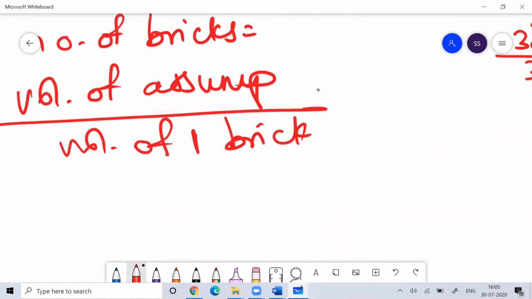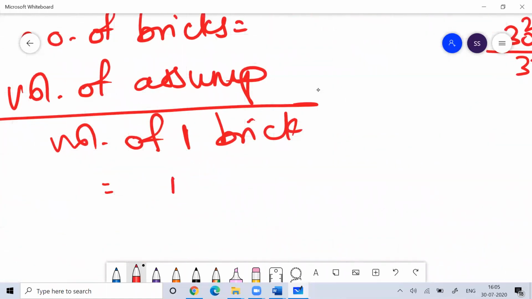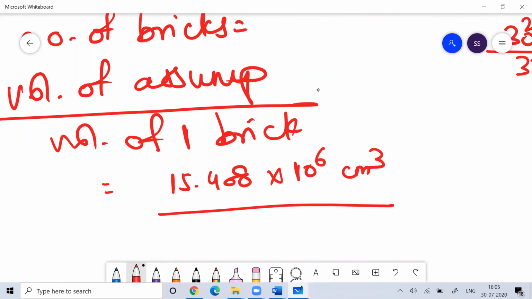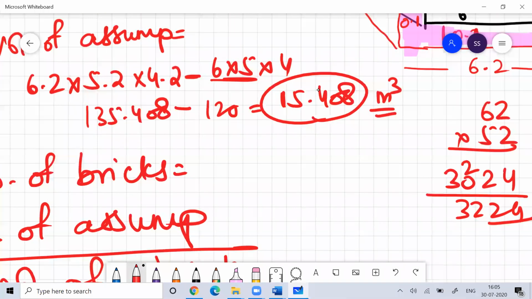So I can do this. This is 15.408. If I convert this into centimeter cube, divide by the volume of the brick. The brick is 20 into 10 into 5.